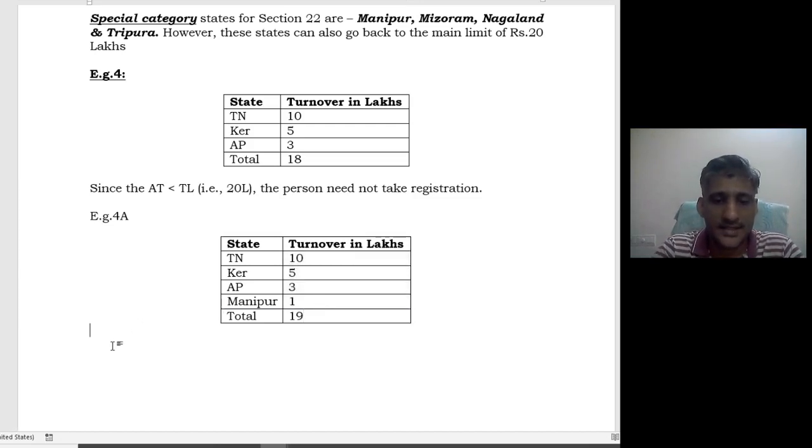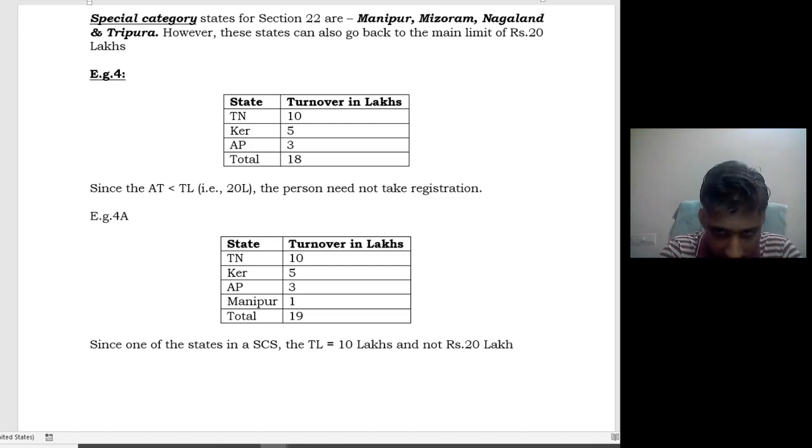Now, since one of the states is a special category state, the threshold limit is equal to 10 lakhs and not rupees 20 lakhs.